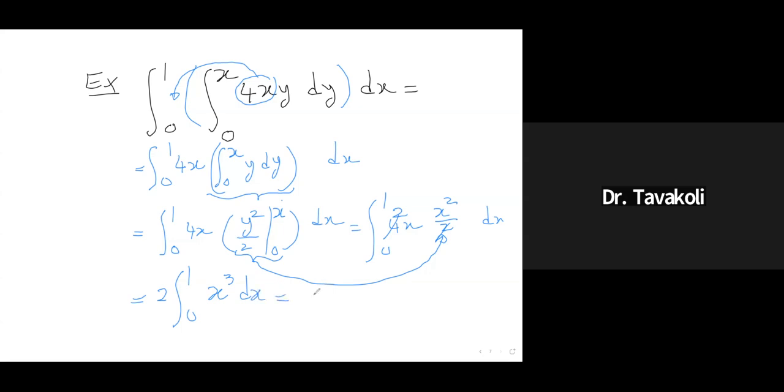The rest is just a calculus 1 type integral, so 2 times antiderivative of x cubed, which is x to the 4 over 4. It should be evaluated at 0 and 1, so 2 times the evaluation of this function at 1, which is 1/4, at 0, which is 0, and 2 times 1/4 is 1/2. So the value of this integral is just 1/2.